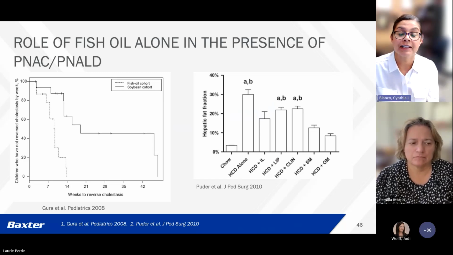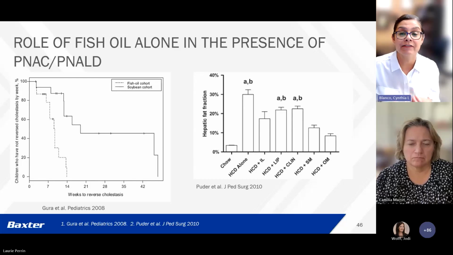What we do have, and this is another paper from the same group from Boston in the animal model, where they saw that hepatic liver fatty infiltrates was not there, or was very minimal on the animals that received the normal feeding.